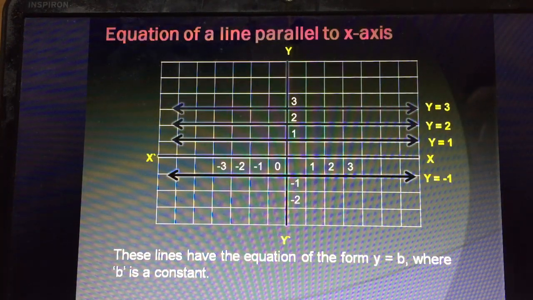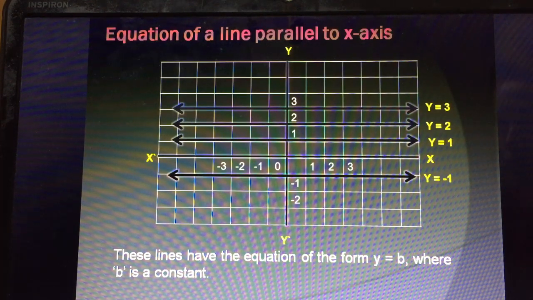Today we are going to do the equations of a line which are parallel to x-axis as well as y-axis, means an equation which is parallel to x-axis. First we'll do that, and then we'll do an equation of a line which is parallel to y-axis.